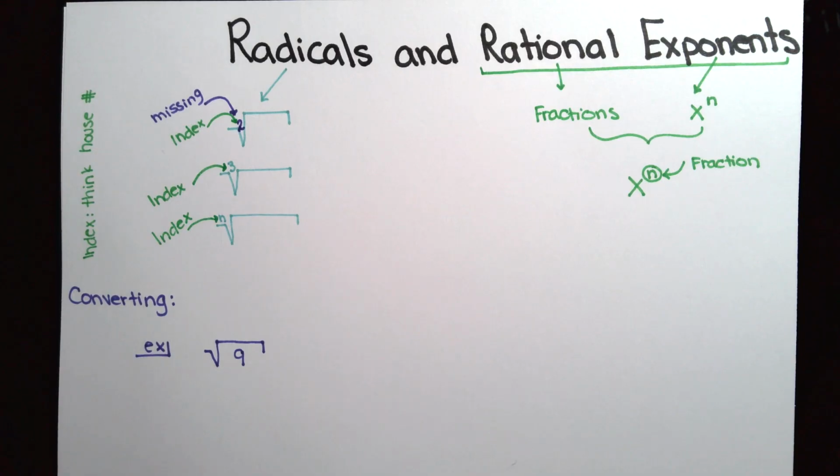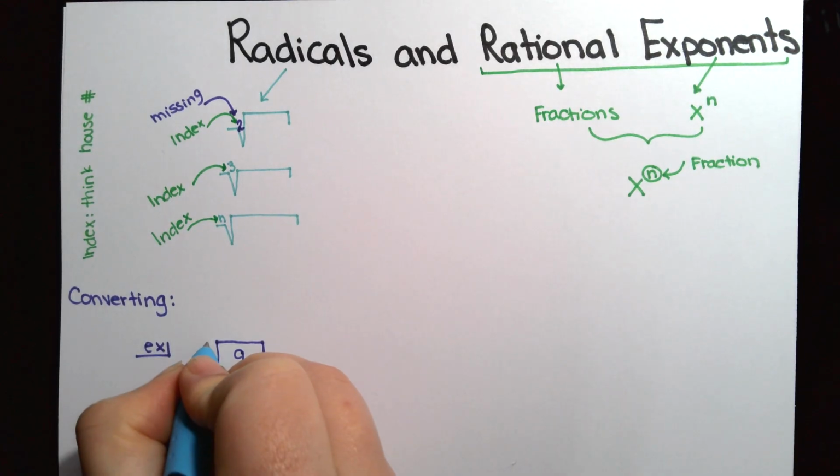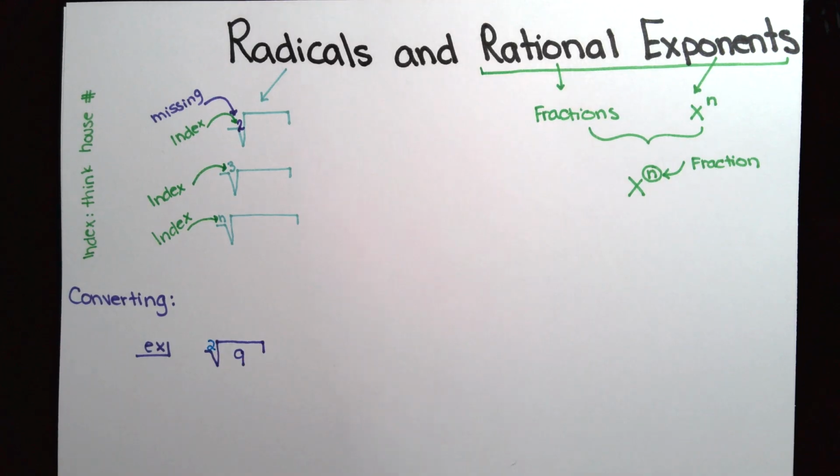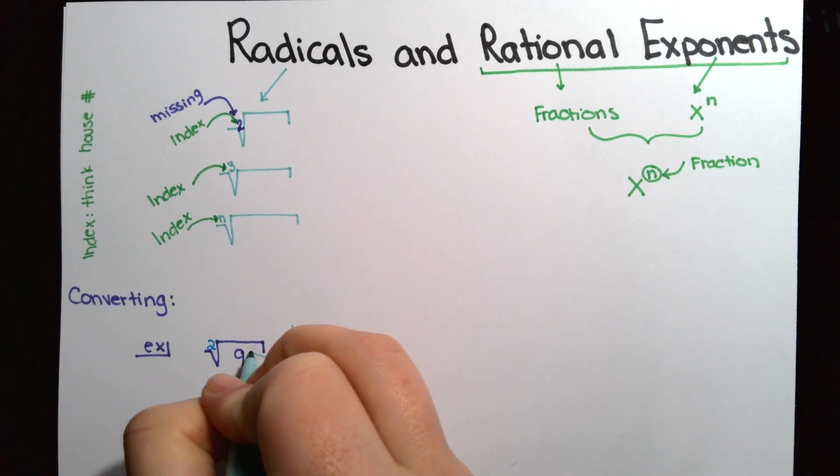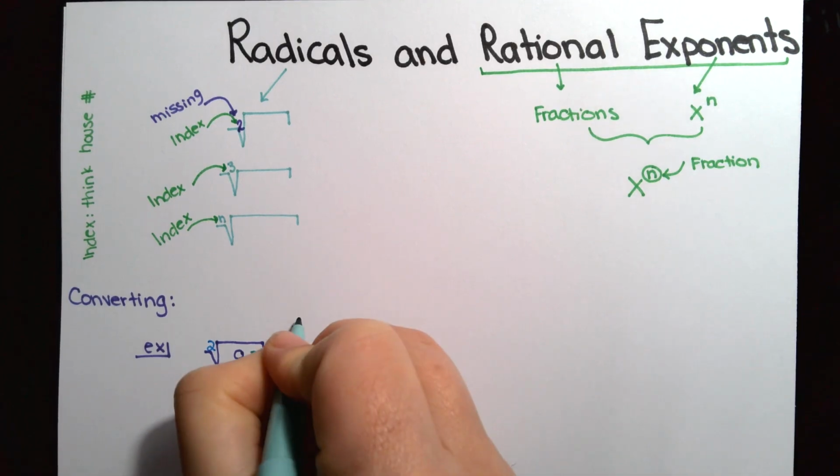So for example, the square root is so common that we actually don't write an index here, but it is 2. Next, we're going to take a look on the inside of our root. And we're going to see, does this have an exponent?